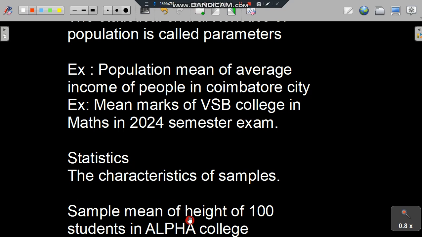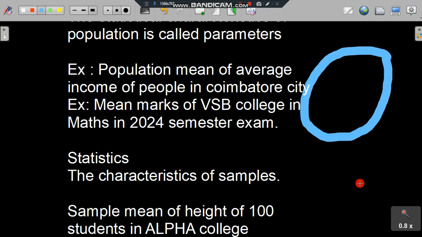Similarly, we can find the standard deviation for these 100 people. That is also a characteristic of the sample, and that is called a statistic. Finally, what I would like to say is that suppose this is a population and this is a sample.